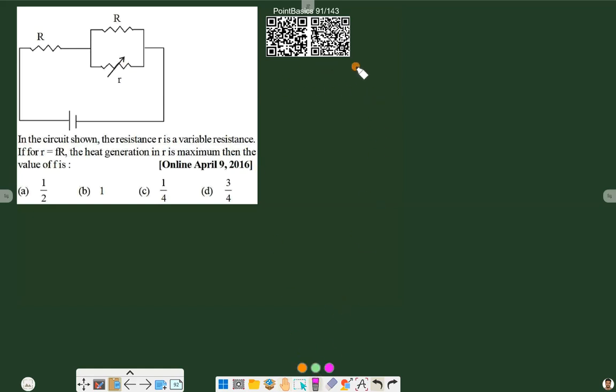So first, the total resistance of the circuit.